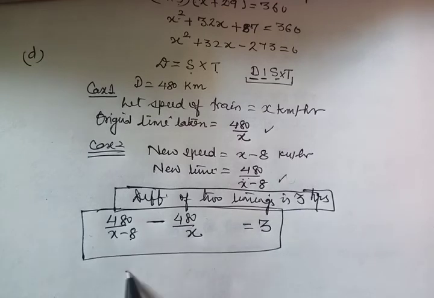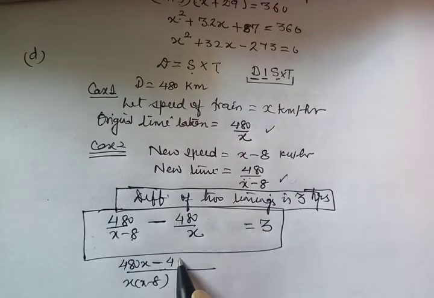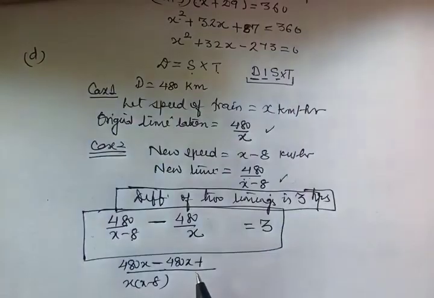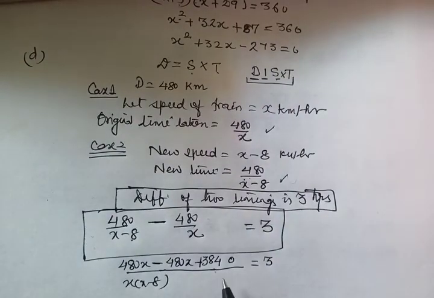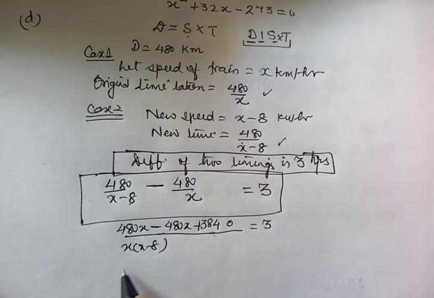So I will just take the LCM. x into x minus 8 is the LCM. So 480 into x minus this 480 will be multiplied. 480 into x plus 8 into 480 you are going to solve. So you are getting this, and on further solving this gets cancelled.